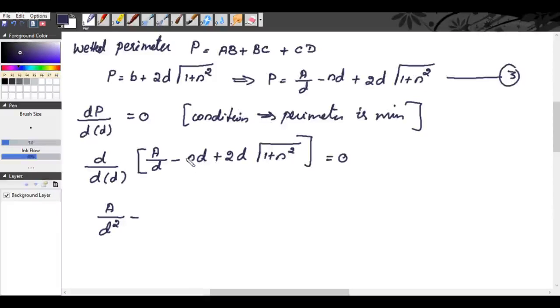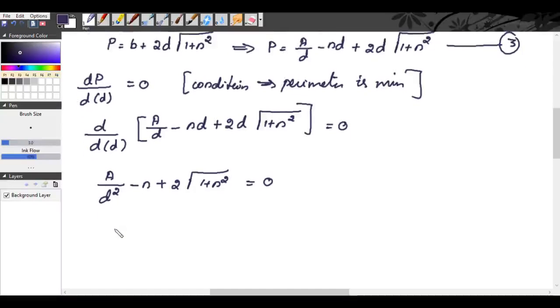Differentiating minus nD, we get minus n. 2 into root of 1 plus n square is constant, so we get plus 2 into root of 1 plus n square, since differentiating D with respect to D is equal to 1. So that is equal to 0.